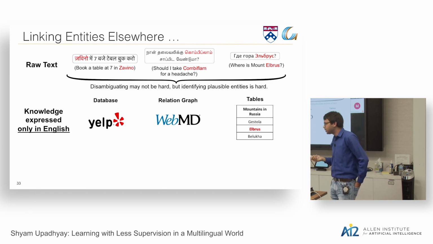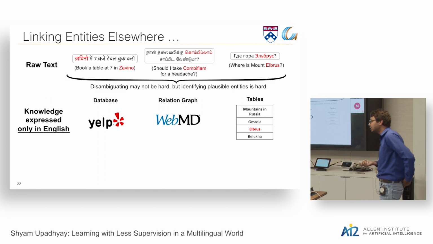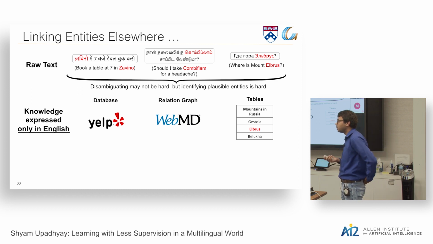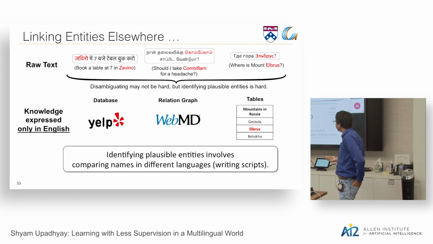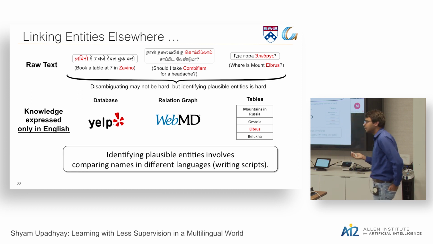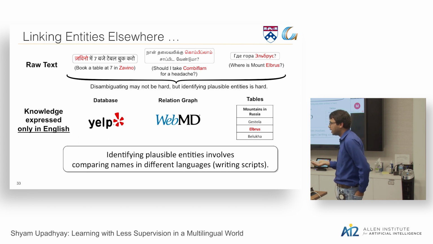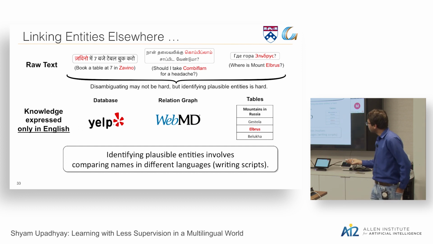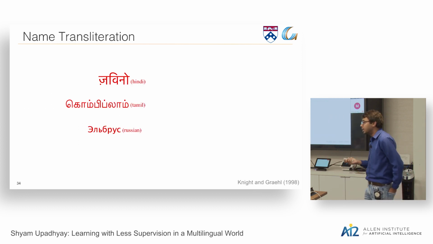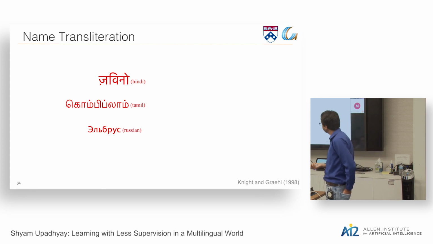And in all these cases, it's not that the disambiguation problem is hard, but actually identifying the plausible entities that you would want to ground to is the hard problem. And it's hard because identifying the entities requires you to compare names that are written in different languages, in particular, different writing scripts. And this motivates the next part of my talk, which is about doing transliteration of names.